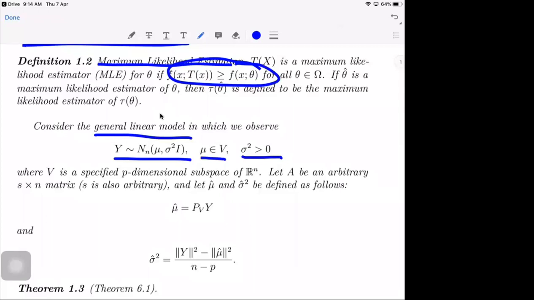And let A be an arbitrary S by N matrix. So S is also arbitrary, the dimension will be arbitrary.